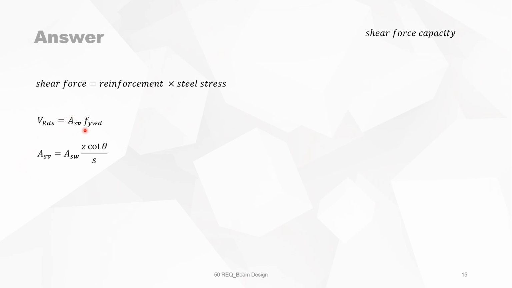But Asv is equal to the cross-section of the shear reinforcement multiplied by z cotangent theta, which is the width of the compression struts, divided by the distance of the legs of the shear reinforcement. So when you combine those two, and we know that cotangent theta is 2, then you have the best condition.